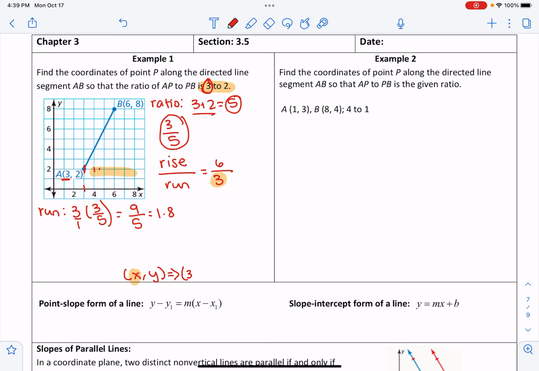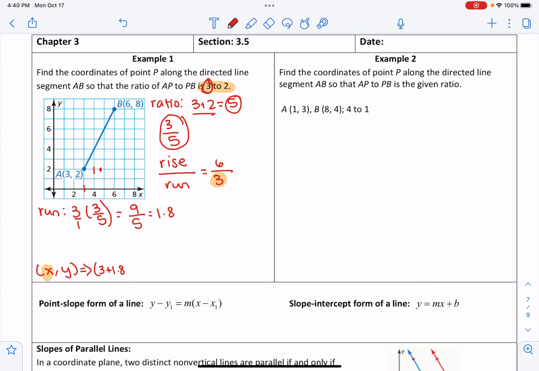My X for A is 3, and I'm going to add on to that 1.8, because 1.8 is 3/5 of that direction. So I'm going to go over from my A value 1.8, about right here.